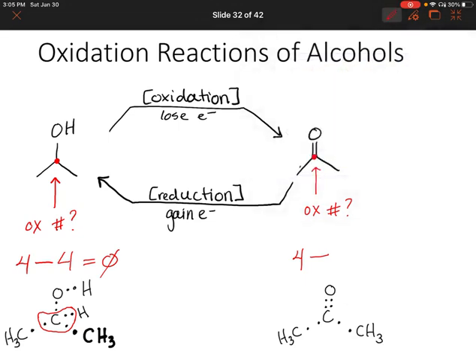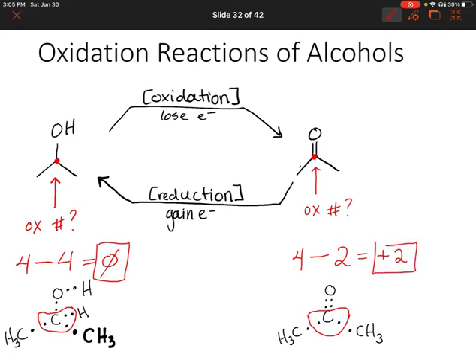So again, carbon is going to equally share the electrons with other carbons, and oxygen is more electronegative than carbon, so it will own all of those electrons in that double bond. So in the ketone, carbon only has ownership over 2 electrons. So that means it has an oxidation number of +2.